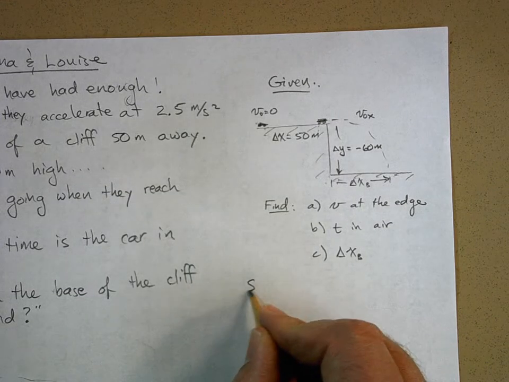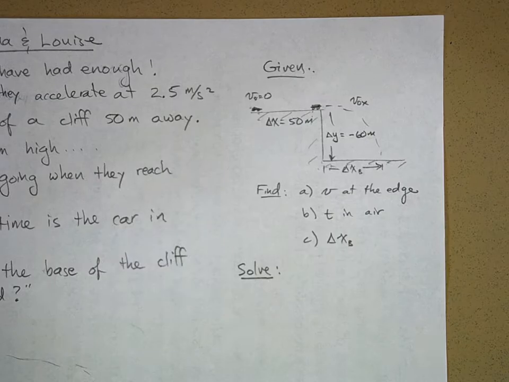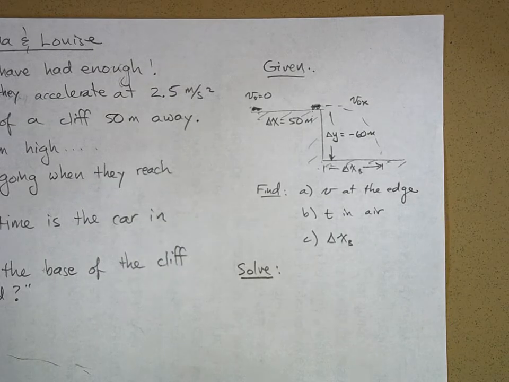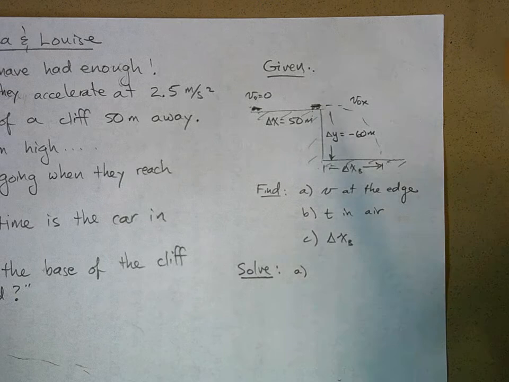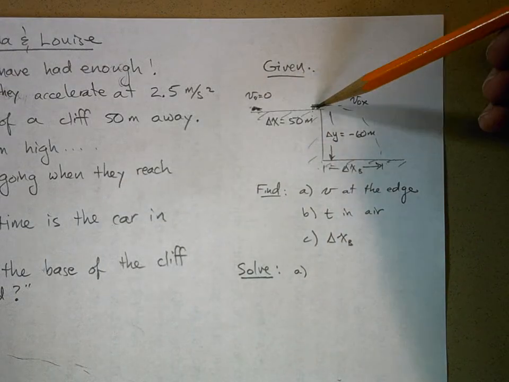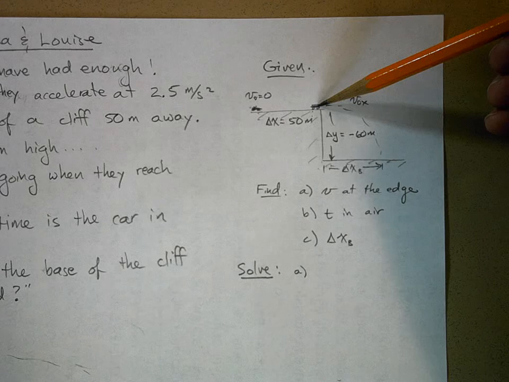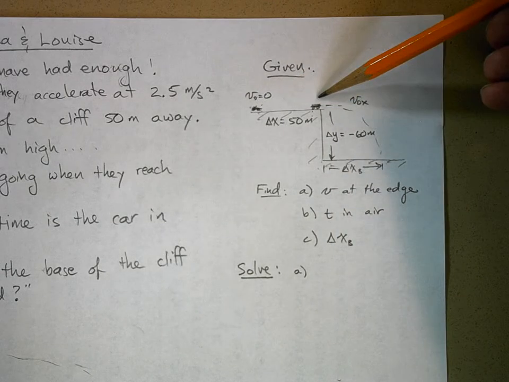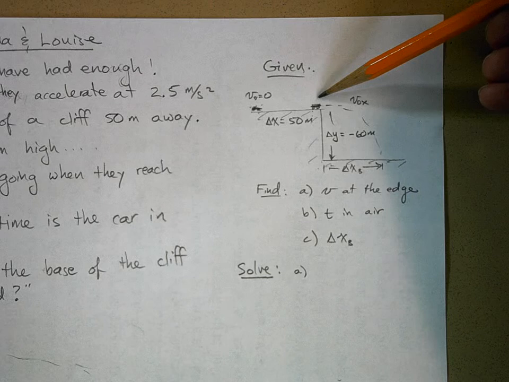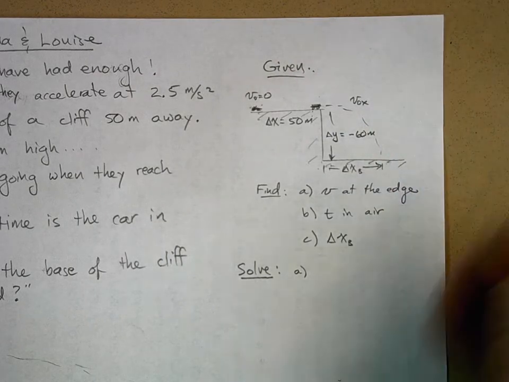Now let's solve. So let's do part A. Well, we know what delta x is. We know what the initial velocity is. We want the final velocity. We don't know time, and we're not trying to find the time to go from here to here. So I'm going to use the fourth kinematic equation, because that's the one that doesn't have time in it.